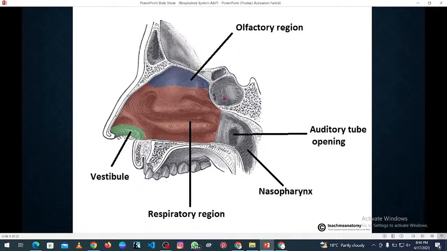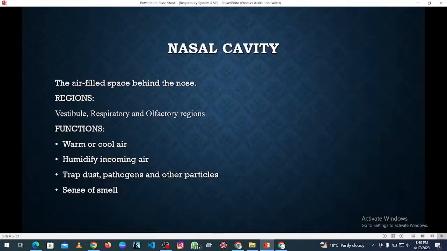But what we wanted to look at here is the three parts of the nasal cavity, which we've seen. So the functions of the nasal cavity, I've mentioned a few, and you have mentioned warming or cooling of air, which we've seen is done by the mucus. Humidifying the air, the mucus helps in that.